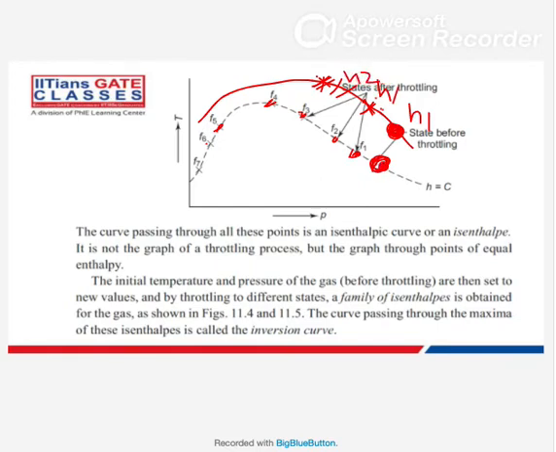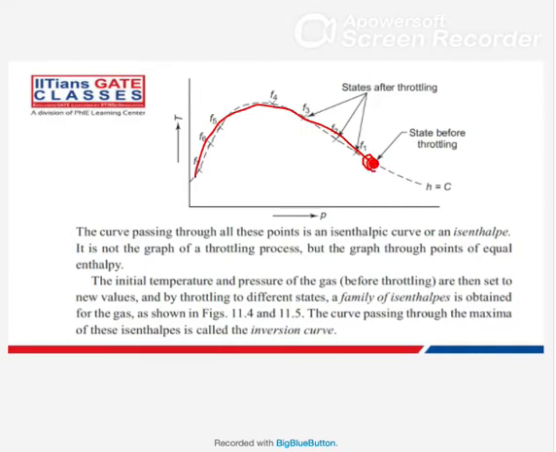Let's say this one is H2, then this will become H2, this also H2, this also H2. These two enthalpies will be different, but throughout the same curve, enthalpy will remain the same. Because throttling is happening here, no? Throttling is happening here for the same inlet and different exit.